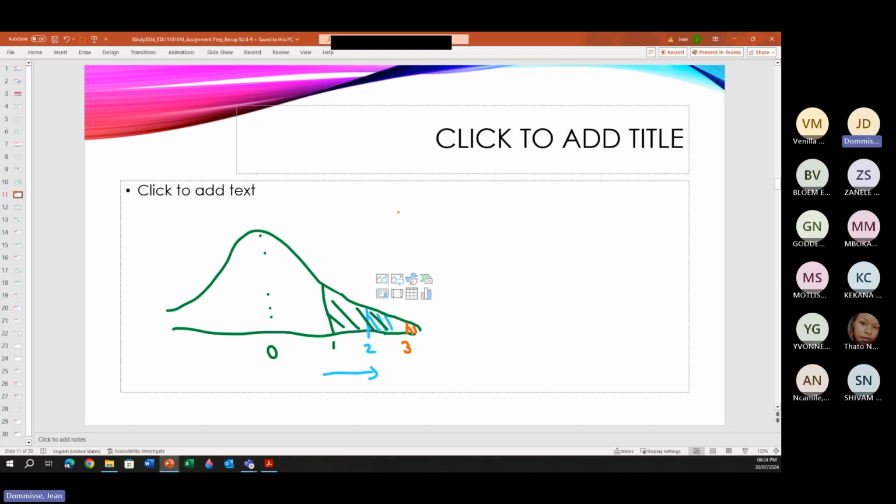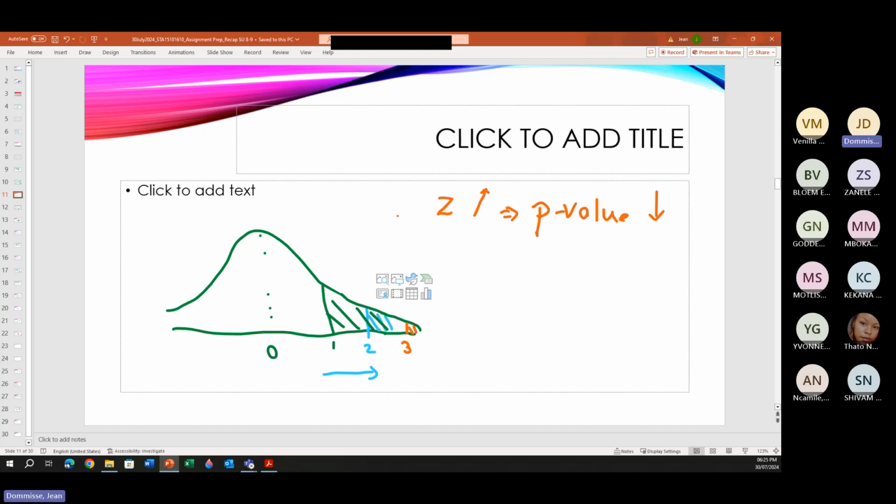So the bigger the Z, as your Z increases, it will mean that your p-value will become smaller.